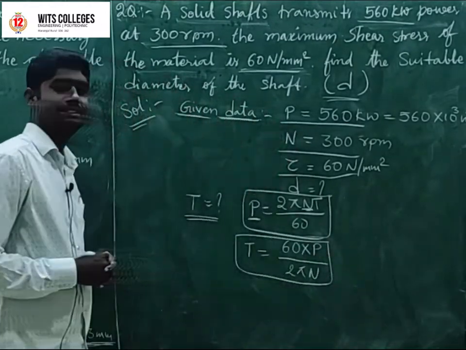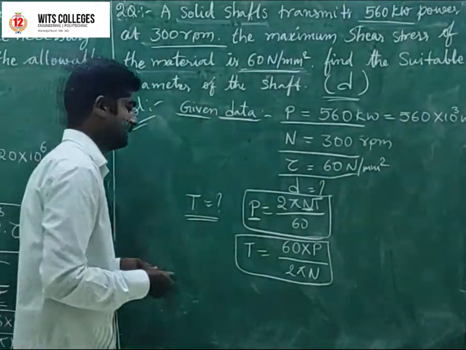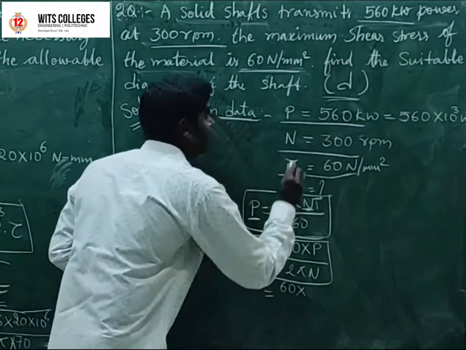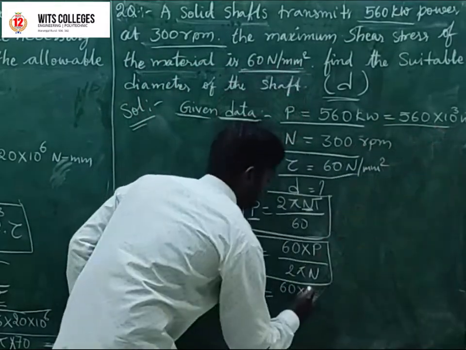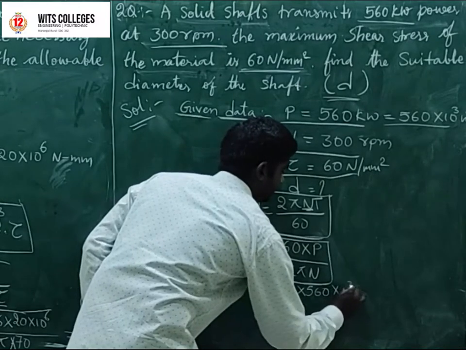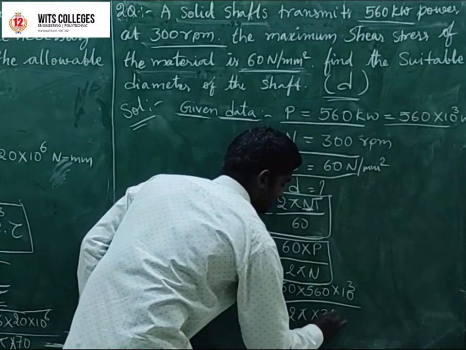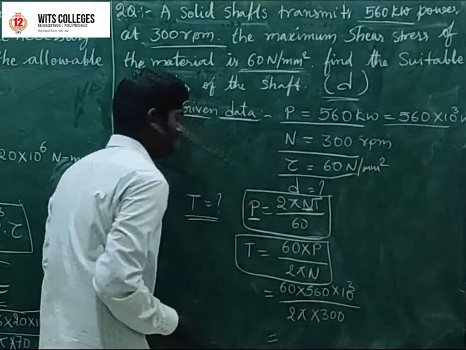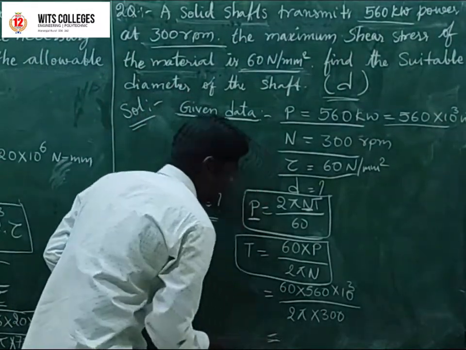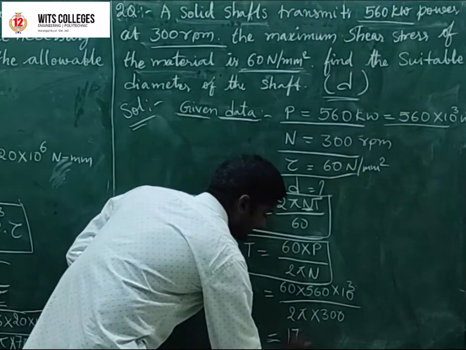Then substitute P value and N value. 60 into P value, already we know 560 into 10 to the power of 3, by 2 pi N. N is equal to 300. Use your calculator and find out this torque value.